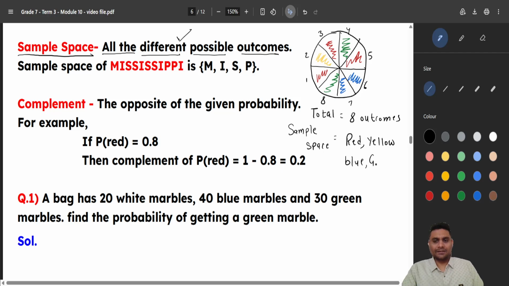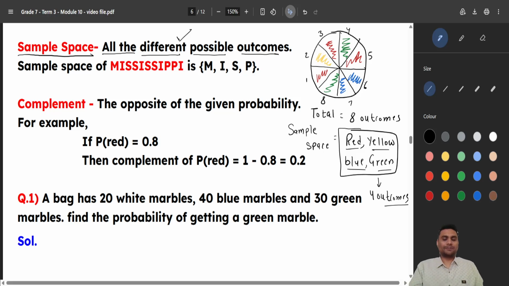And I see the green color. There are only 4 different colors, right? So the sample space of this spinner is red, yellow, blue, green. That means only 4 outcomes, not 8. So sample space means only different kinds of outcomes.